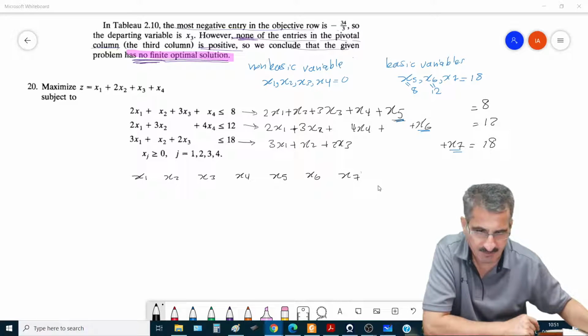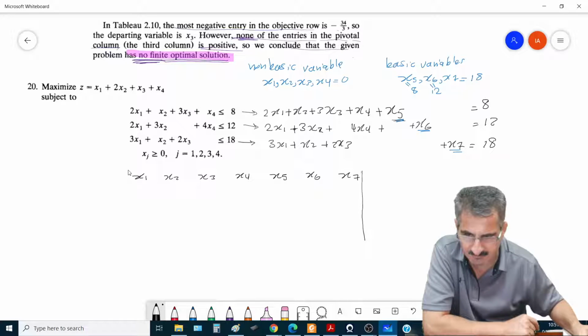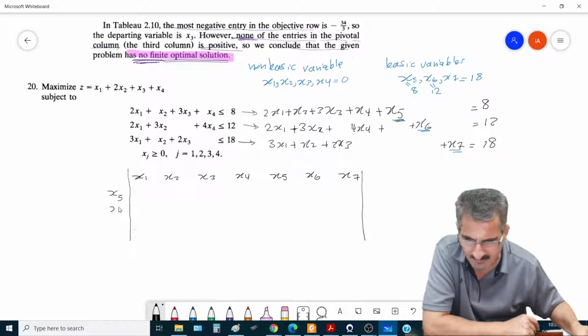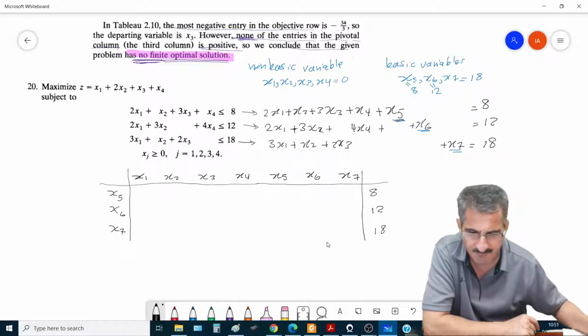We make this column here, and we will have this to be x5, x6, x7. I will try to make my lines straight. This will be 8, this will be 12, this will be 18.